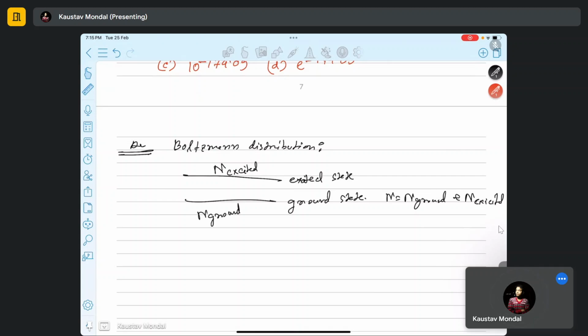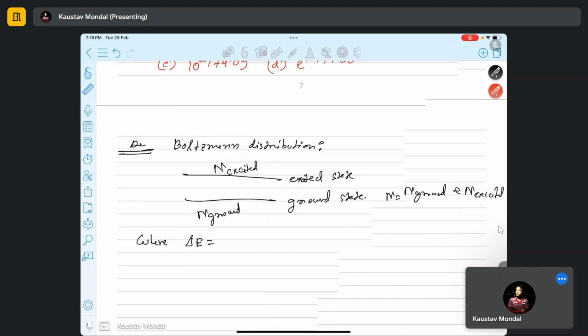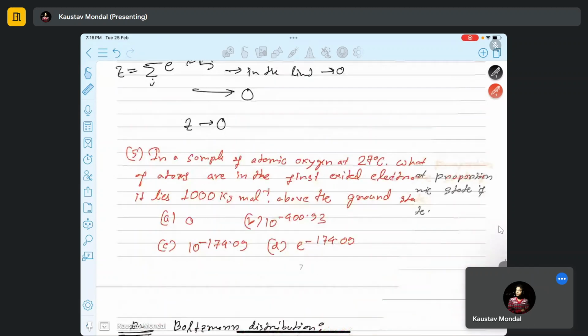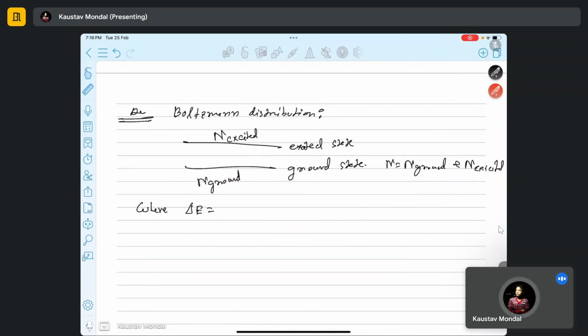where delta E will be equal to simply 1000 kilojoule per mole.